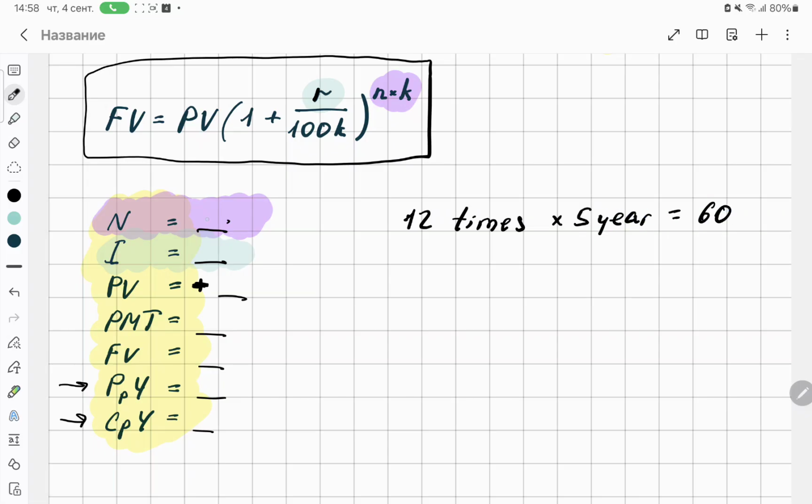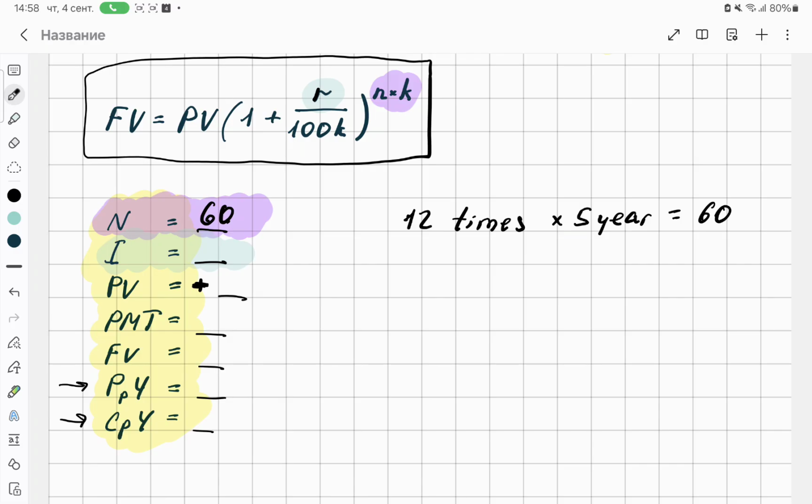If you answered 60 here, but the question says how many years, you have to divide 60 by 12 because we have 12 payments per year. That's why we should divide by 12 again to obtain the value.